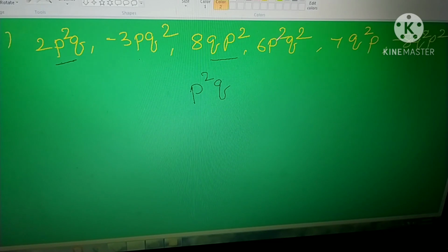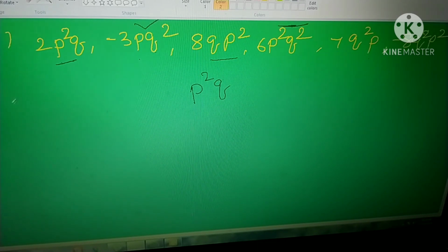Now observe this one, here we have p square and q square. So this does not come under this one. Now observe this one, q square p, this also does not come under. So this will not come. Now observe here p square q term is there. After that p q square term is there. Okay. Also we have p square q square terms here.